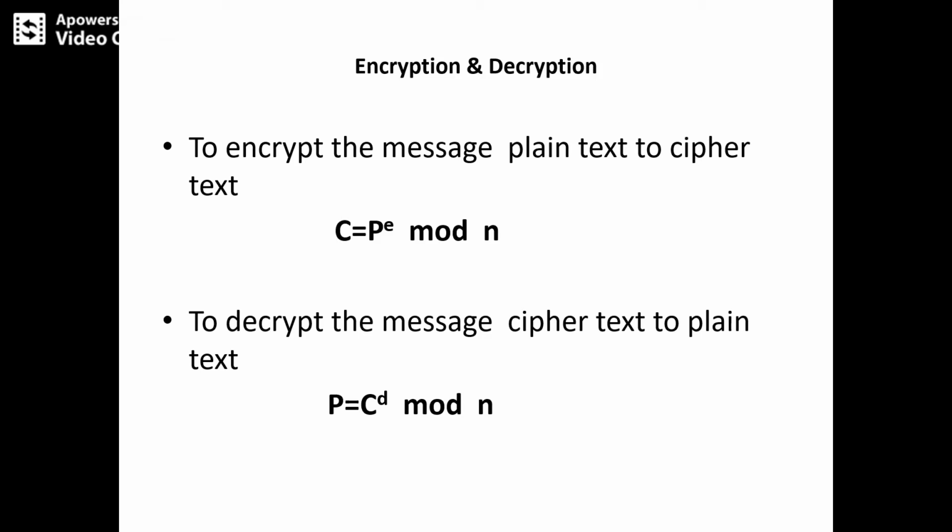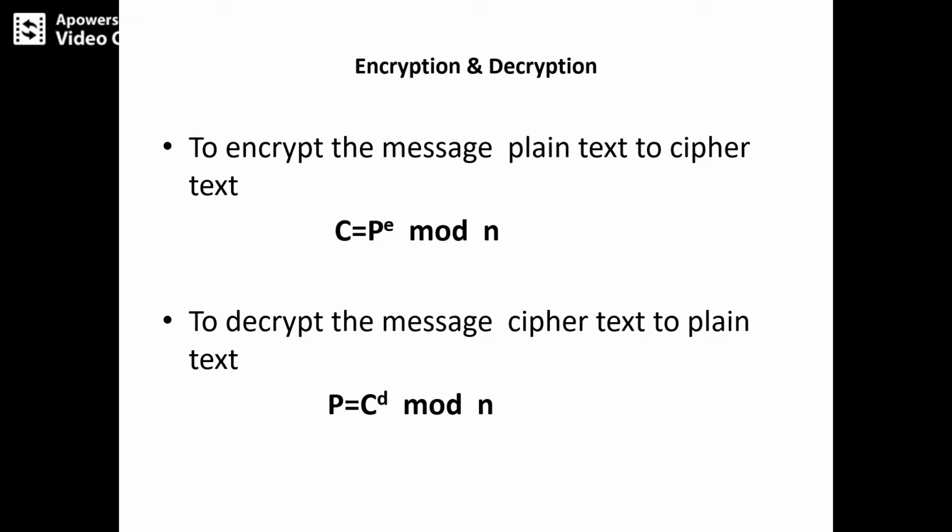We need to convert it into the ciphertext. C for ciphertext is equal to P, the plain text, to the power of the integer e that we selected based on the previous conditions, mod n, the product of the two numbers.